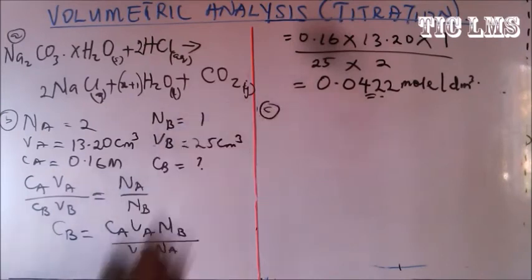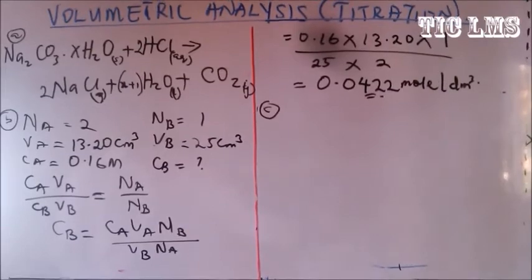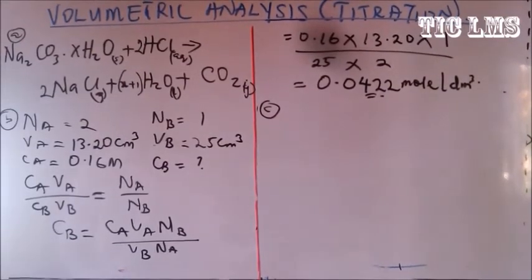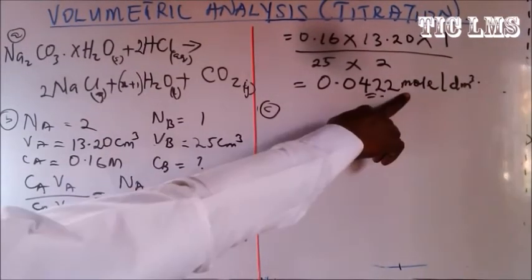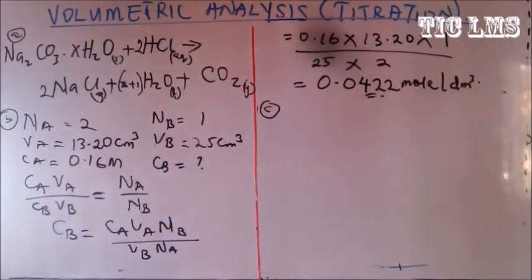Then we go to the C part of the question, which says that we should calculate the molar mass of the base. To get the molar mass of the base, we have succeeded in getting the molar concentration, that's the concentration in mole per dm cubed. In the question, we were told that 3 grams of the hydrated salt is present in 250 cm cubed.